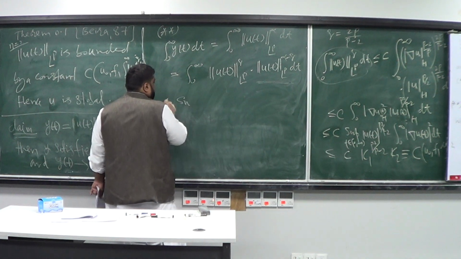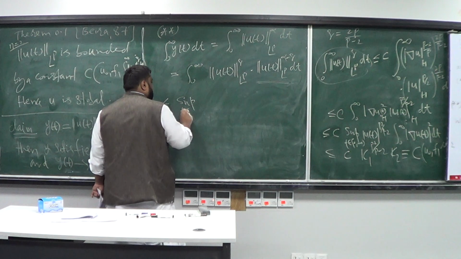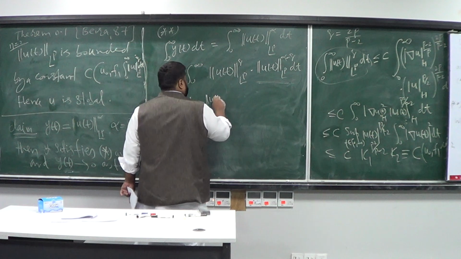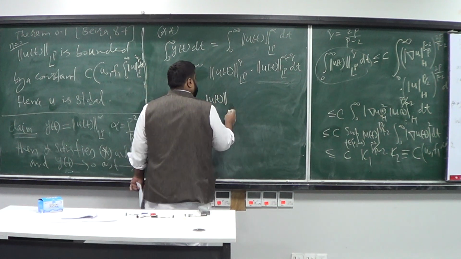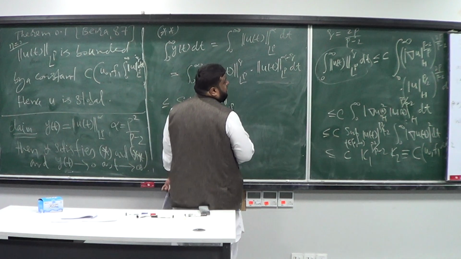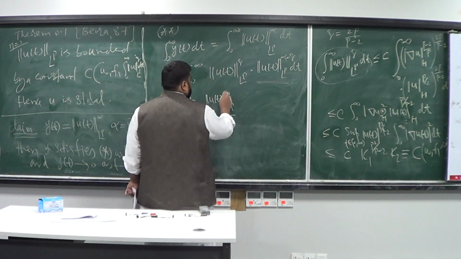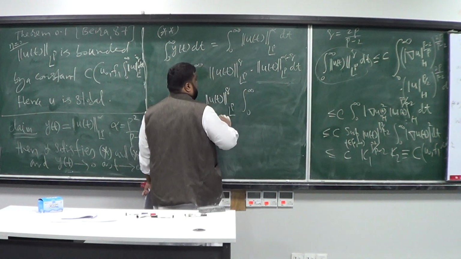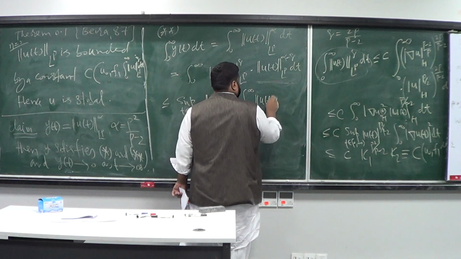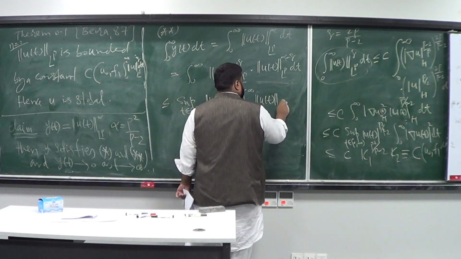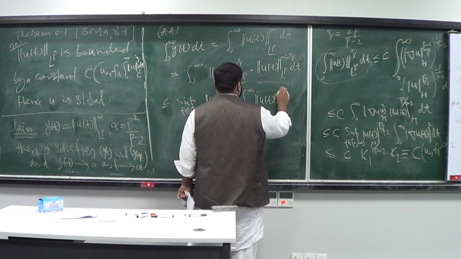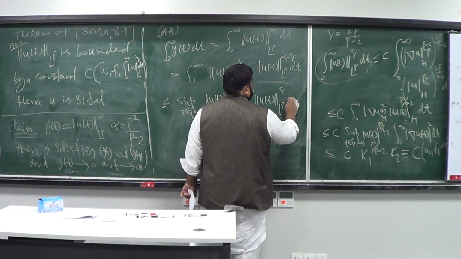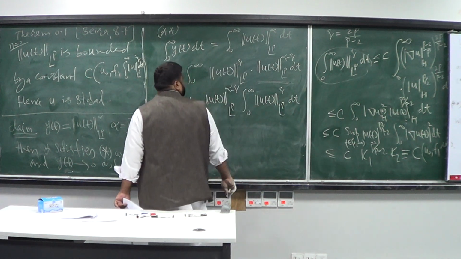So I have the supremum from t equal to 0 to infinity of the LP norm of u of t raised to alpha minus q, and what remains inside is the integral from 0 to infinity of the LP norm of u of t to the power q dt.